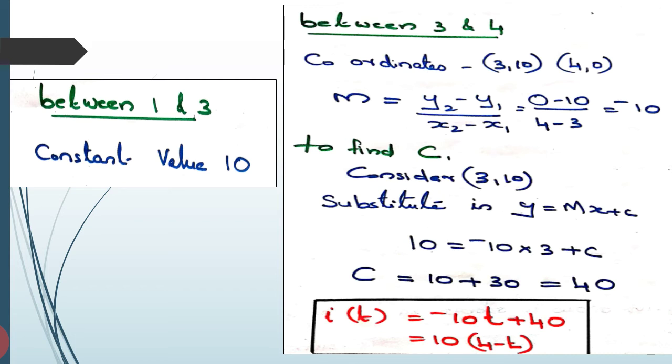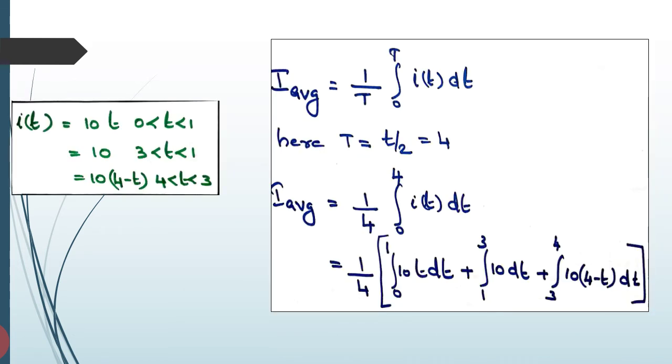So 10 into (4 minus t) is the equation. So you have obtained the equation for the interval 0 to 1 as 10t, 1 to 3 as 10, then between 3 and 4 it is 10 into (4 minus t).